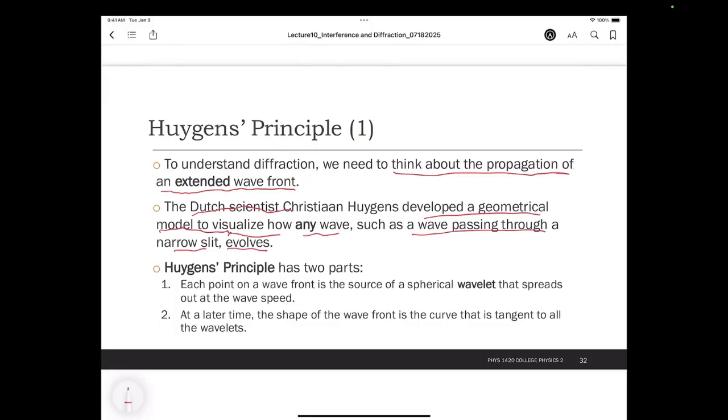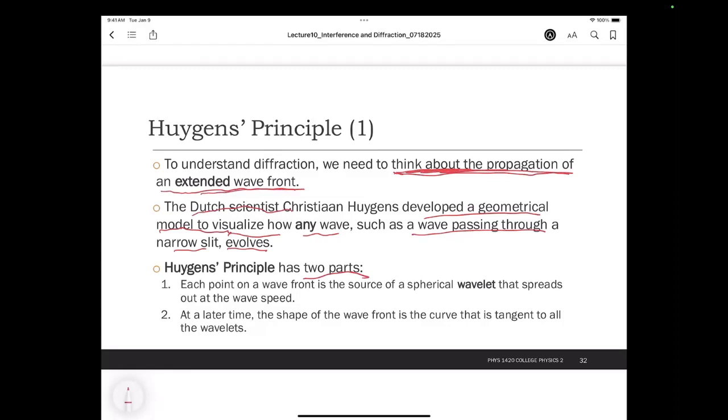Let's talk about the Huygens principle. The Huygens principle has two parts. After we talk about this principle, we will know much more about the propagation of an extended wavefront.